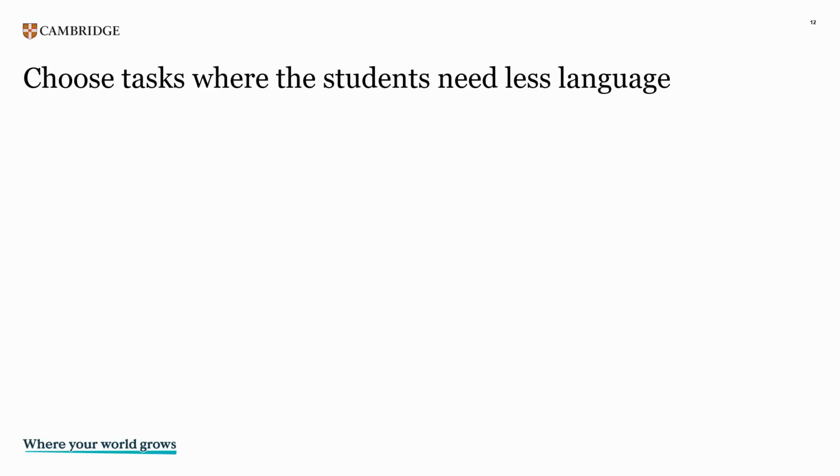But personally, I come down on the side of L2, of the foreign language, because I do need to push my students to a certain extent. I do need to let them produce language and show me that they can produce it. Obviously, with lower level learners or in special circumstances, I'm not very strict on that.